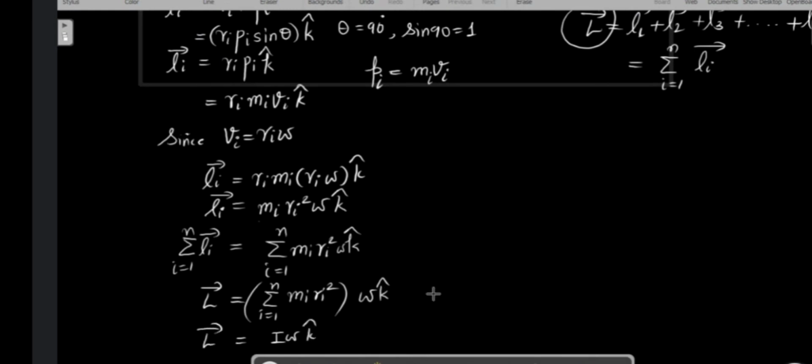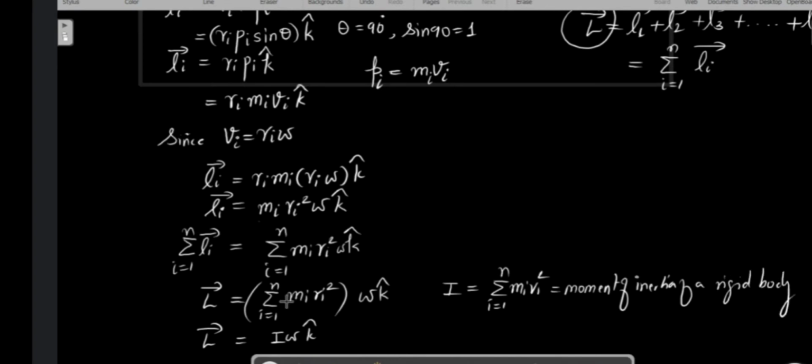So I'll write over here, this is going to be I, that is summation i equals 1 to n of Mi Ri square, which is nothing but the moment of inertia of a rigid body about the axis of rotation. Correct?